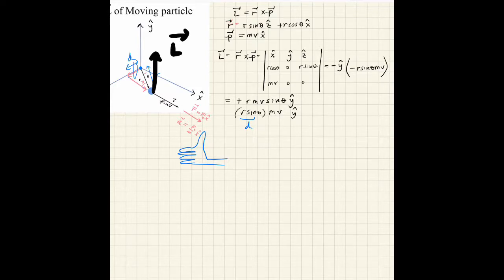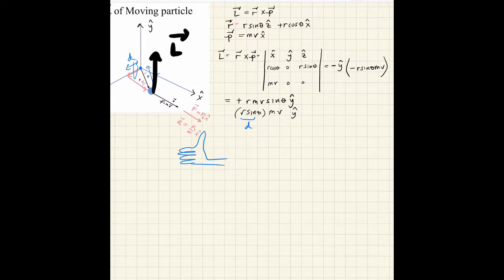Okay, so anyhow, what we found is the angular momentum of this particle. And again, I find this a little bit weird because this is a particle moving in just straight, regular, linear motion, but that's okay.